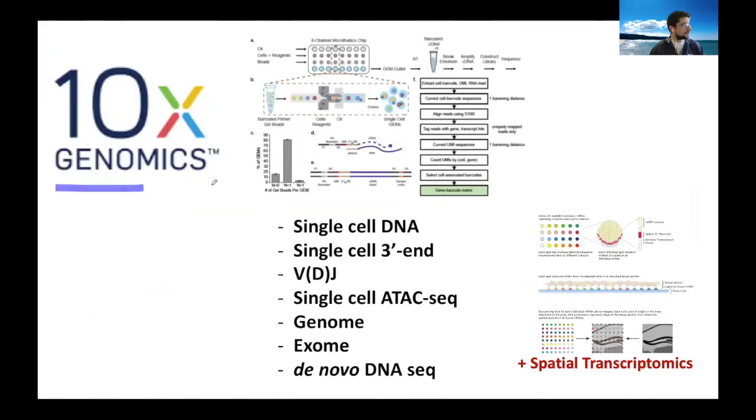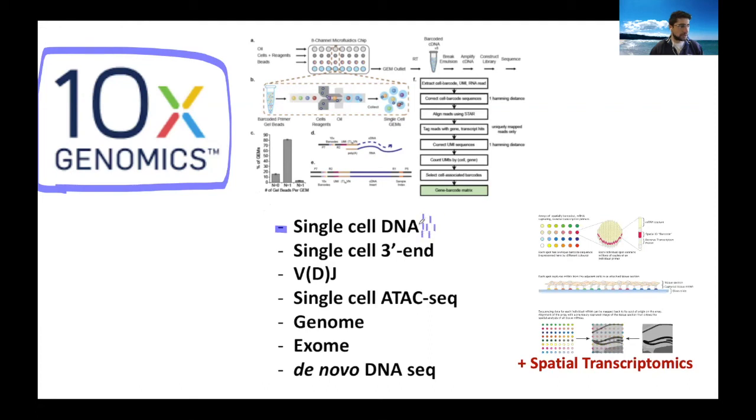I have to say the leader in the market as of now is 10x Genomics. It does not only have a single cell RNA platform. You can also do single cell DNA if you want to check for mutations, especially in cancer.